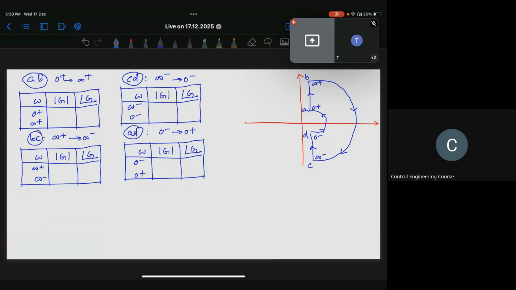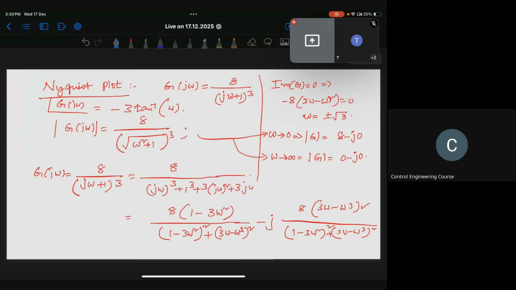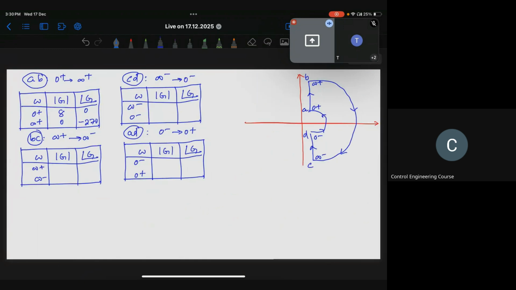Okay. So we already know the values. If we calculate them, I'll be getting 8 here, 0 here, 0 here, minus 270 here, because we know the expressions for modulus and angle. I'll write these expressions here. Mod G is 8 by root over omega square plus 1 whole cube.